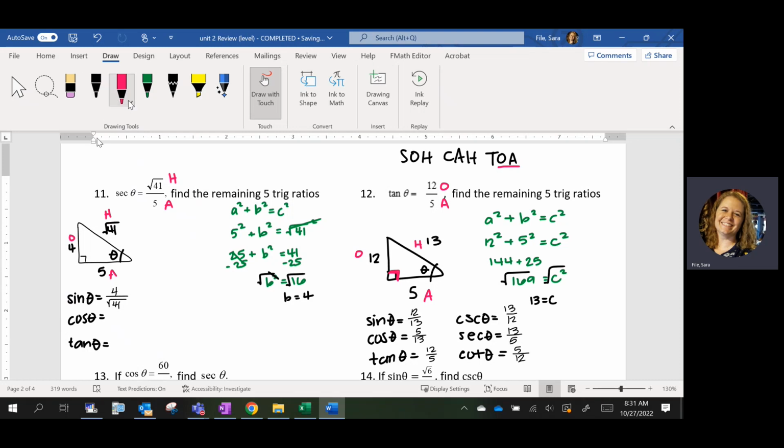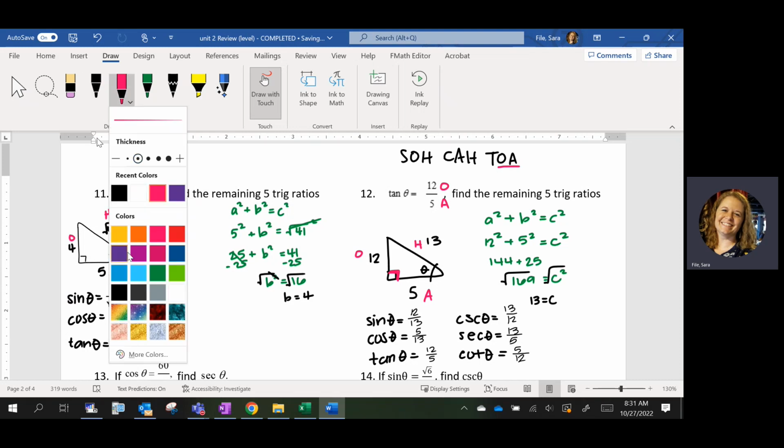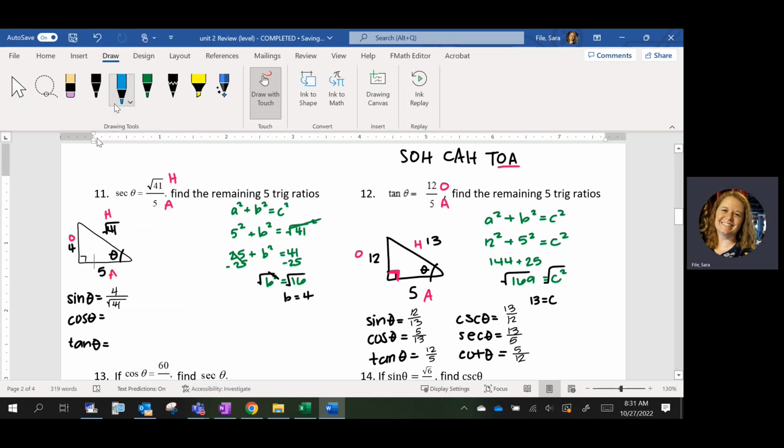Remember that that means that we're going to take whatever the radical is that we're trying to get rid of, and we're going to multiply by that. So I'm going to multiply by square root of 41 to get rid of it, because when I multiply something by itself, that's squaring it, right? And squaring gets rid of the square root.